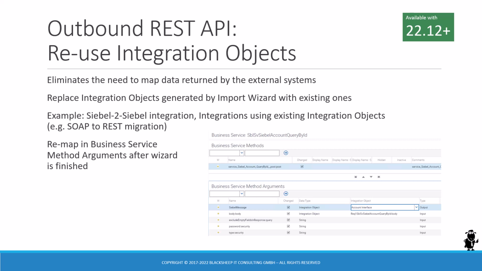So to put a long story short, in 22.12 and higher, after the wizard has finished generating the outbound proxy business service, you can go to the business service method arguments and replace the generated integration objects with pre-existing integration objects. Basically saving time, eliminating the need to map the data. So that's quite a nice one to have.